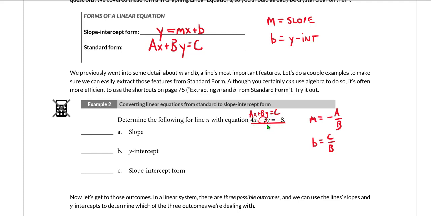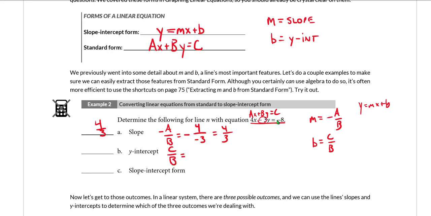You can also just do this algebraically, where you rearrange into slope-intercept form, y equals mx plus b form. That's perfectly fine, but the shortcuts are useful here. So for slope, negative a over b, which is negative 4, that is the a, over negative 3, which equals 4/3. So the slope of this line is 4/3. The y-intercept, again, is c over b.